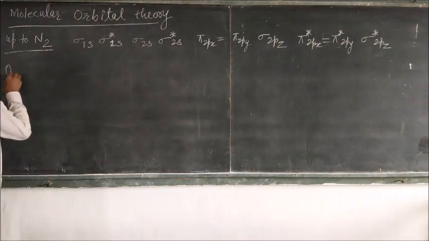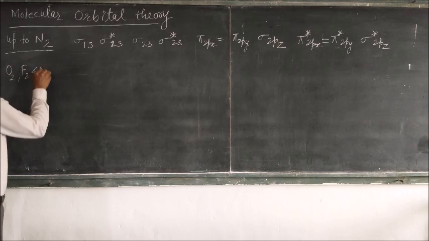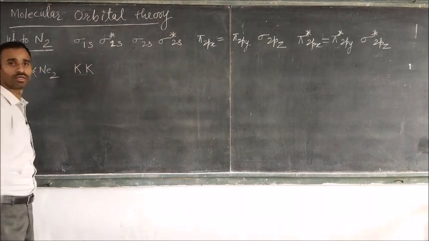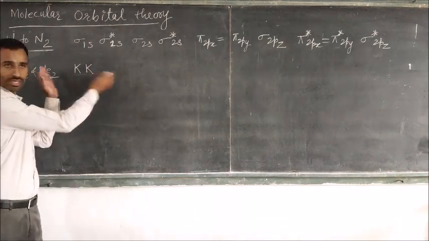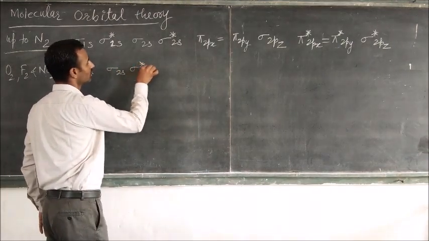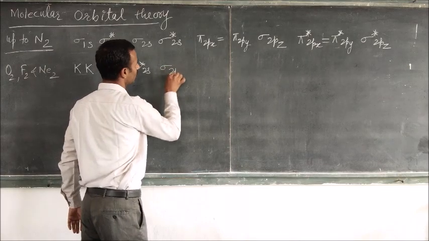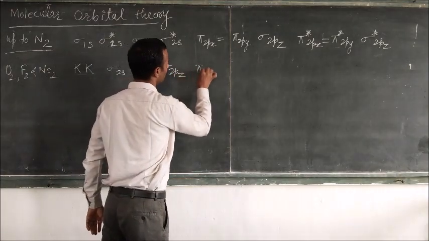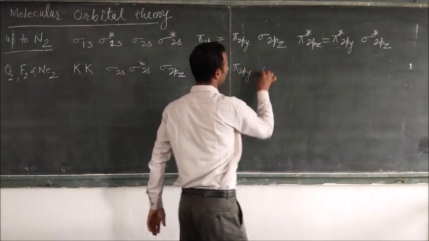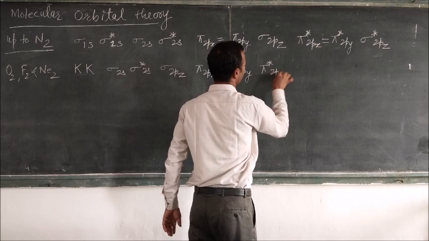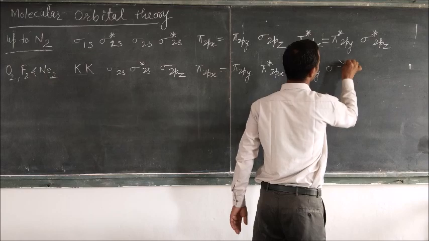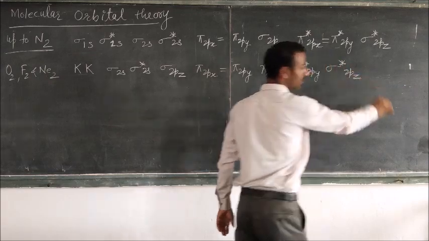And for O2, F2 and Ne2, sigma 1s and sigma star 1s, we can write as KK because they are inner orbitals. Then sigma 2s, sigma star 2s, sigma 2pz, pi 2px, pi 2py, pi star 2px, pi star 2py, and then sigma star 2pz.